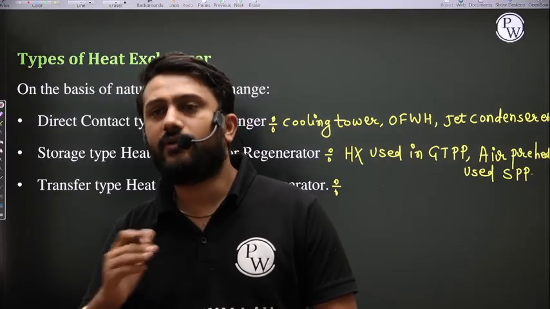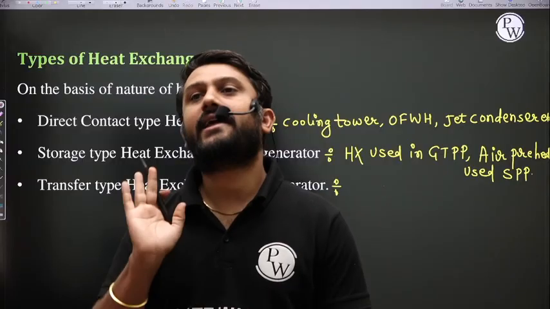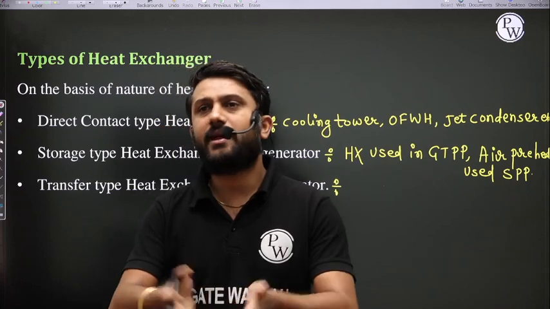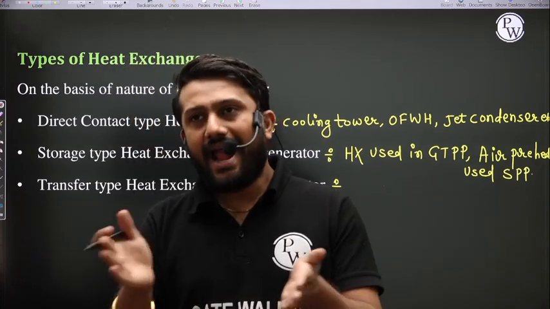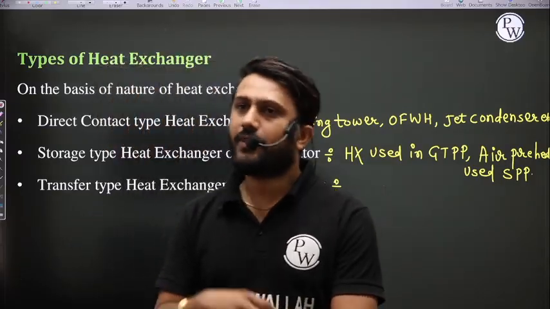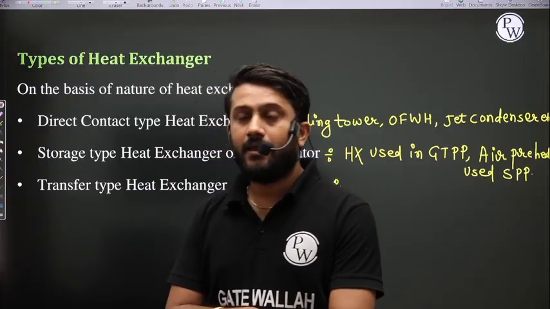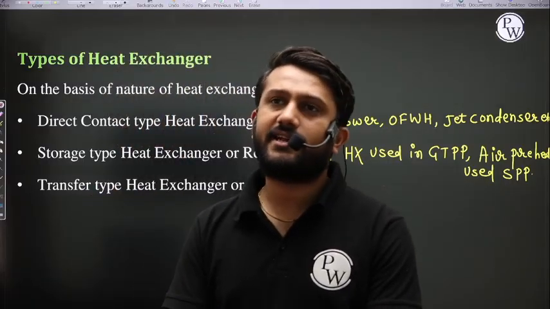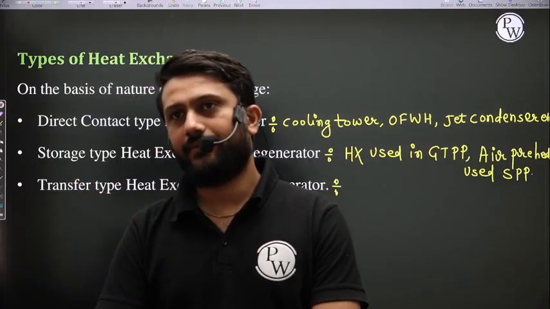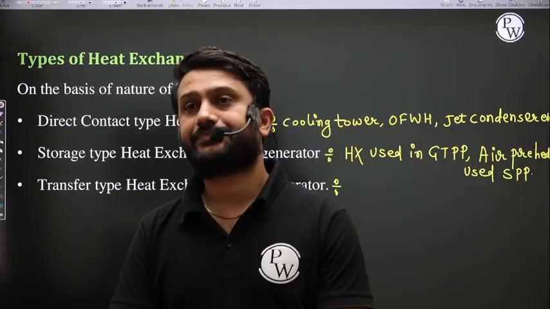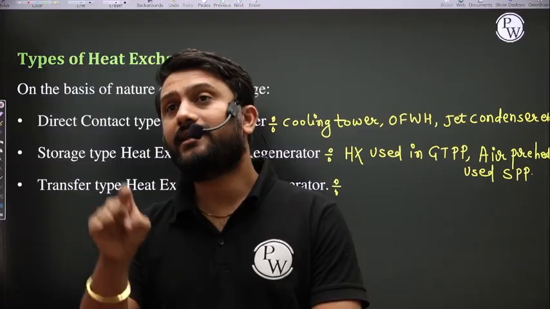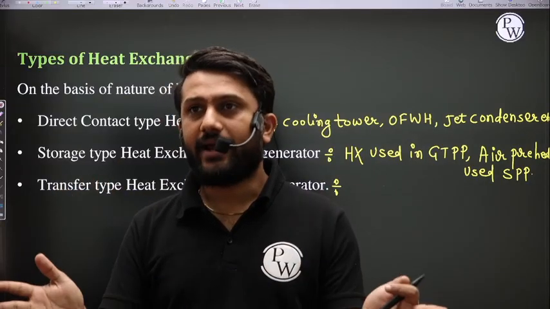That means the hot fluid and the cold fluid are separated by some means, because in the direct contact type of heat exchanger, the hot fluid and cold fluid are in direct contact, whereas in the transfer type of heat exchanger, they are not in direct contact, right? Both the fluids are in contact at a time, but not in direct contact, separated by some means, right?